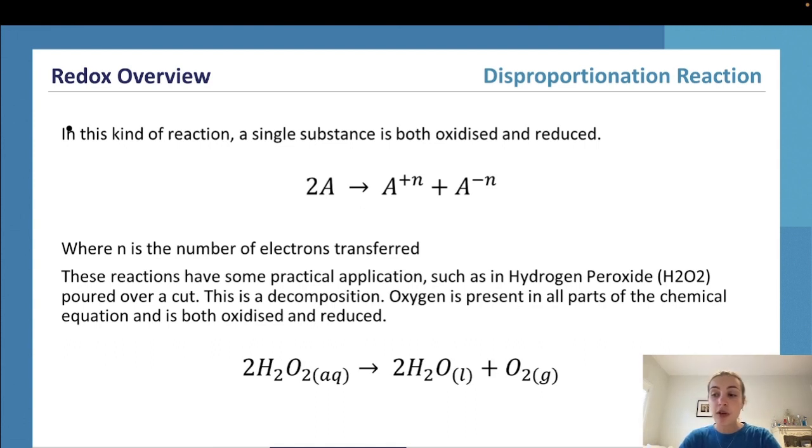But if we were to follow that rule in this particular circumstance, we would find that having hydrogen with a +1 charge and having oxygen with its -2 charge would not add up appropriately.